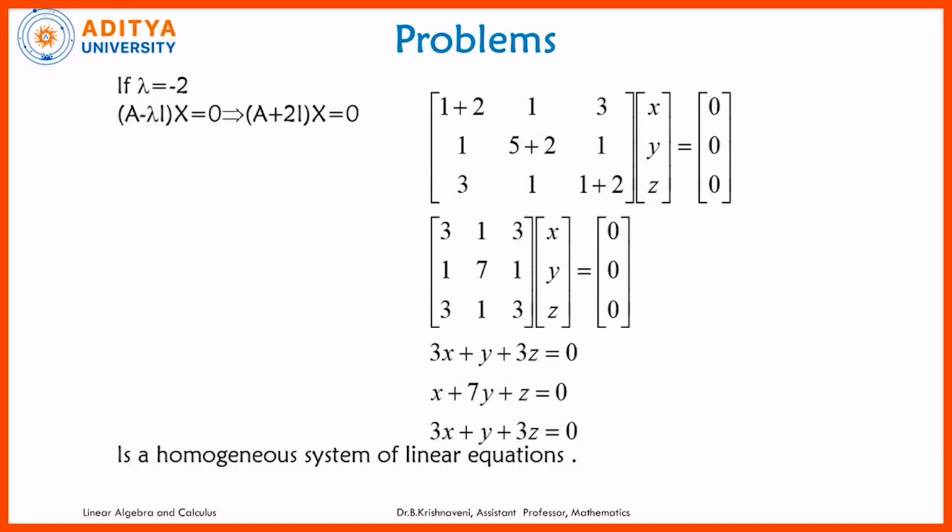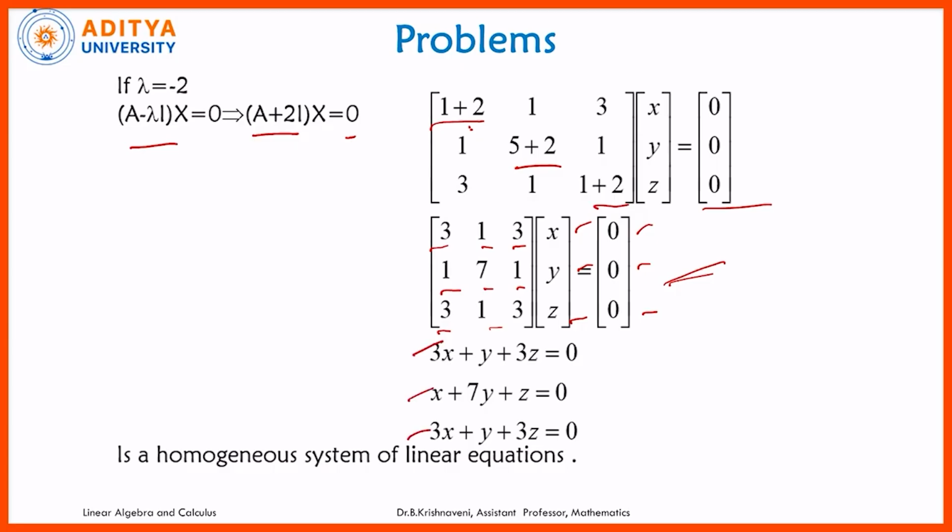First substitute lambda is equal to minus 2. Then the equation becomes (A plus 2I) x is equal to 0, and in what we just calculated, substitute lambda is equal to minus 2. Then we got the equation as the matrix 3 1 3; 1 7 1; 3 1 3 times x y z is equal to 0 0 0, which gives the system of homogeneous equations.